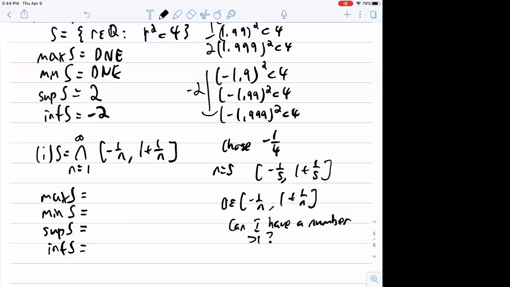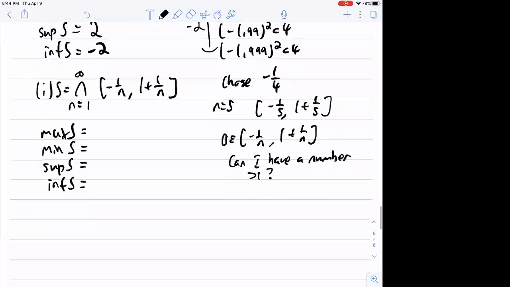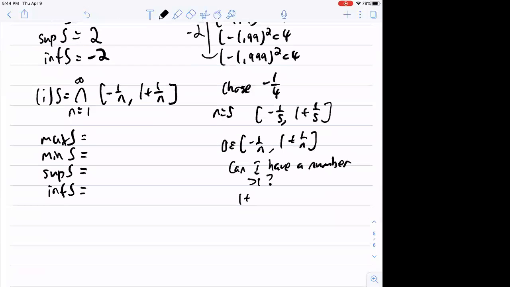No. Let's say I had 1 plus 1/2. Then you just choose n equals 3, and it's not in this interval. So I can't have any number bigger than 1.